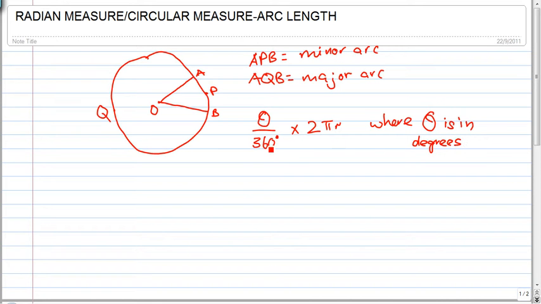This is the first formula you should remember. Remember theta is in degrees in this case, and 2 pi r is the circumference of the circle.